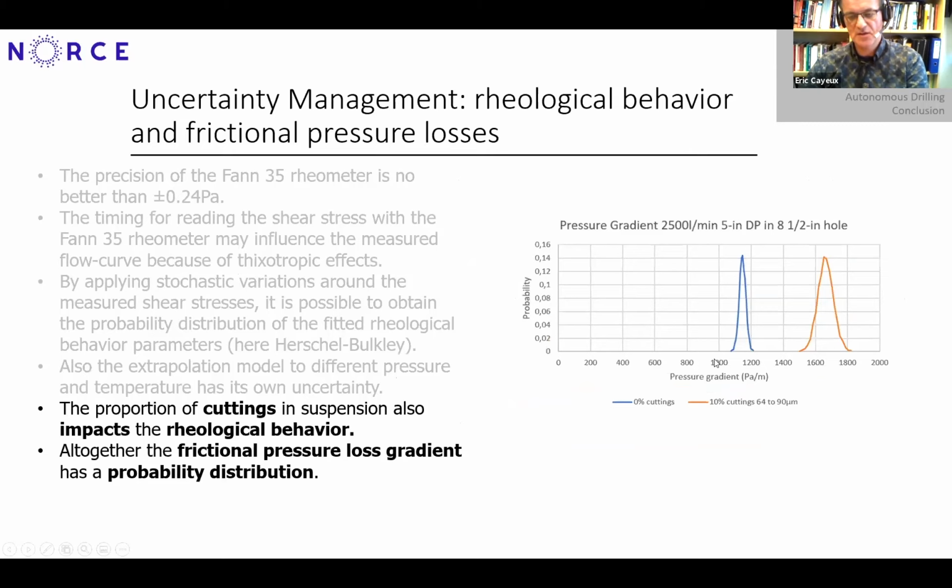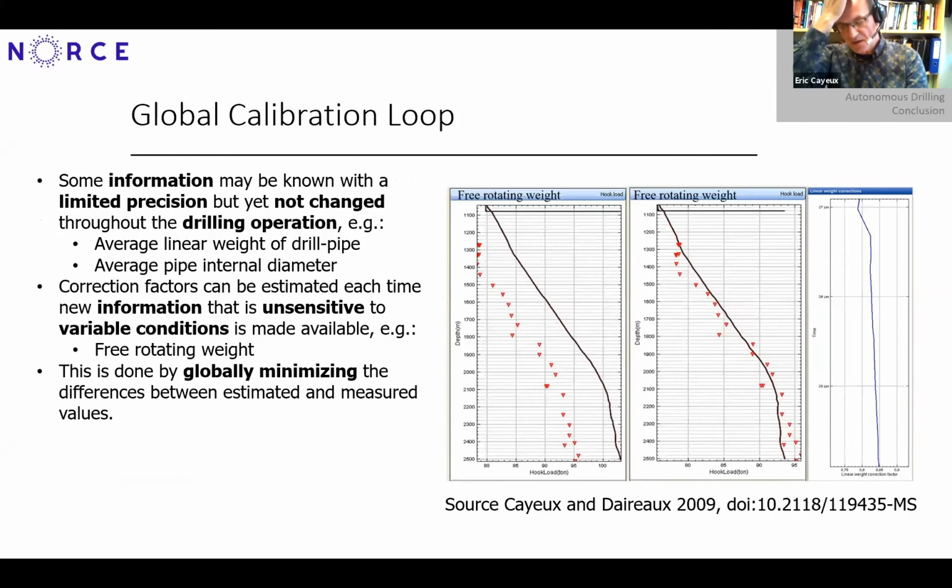And when it is propagated, you can see how much your pressure gradient can change as a function both of the uncertainty in your rheological behavior and the presence or not of cuttings in your fluid. And then you can utilize the uncertainty propagation for estimating whether your model is correctly predicting what is observed.